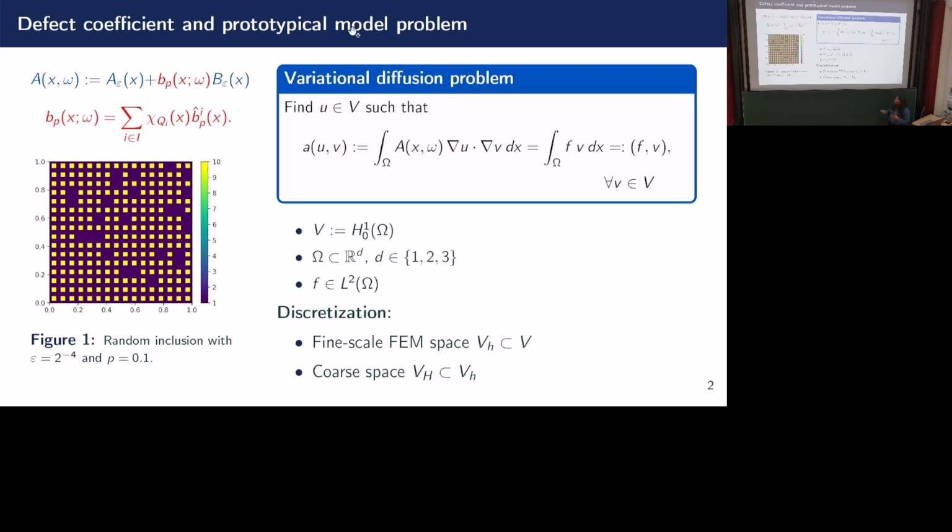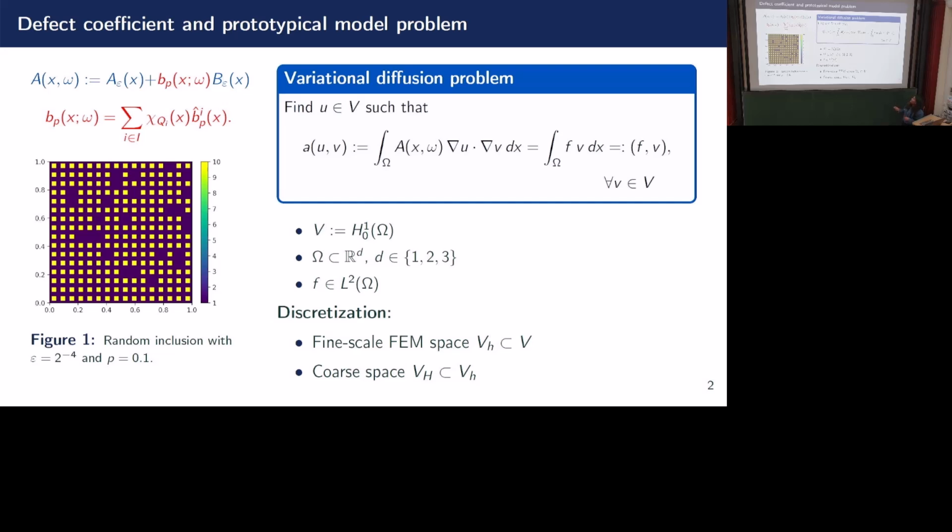Here we consider the Bernoulli distribution, but it's also possible to consider other distributions; this is what makes sense here. Then for a given defect probability, this decides if there is going to be a defect on each of these smallest squares. Now, this is the idea of this coefficient.